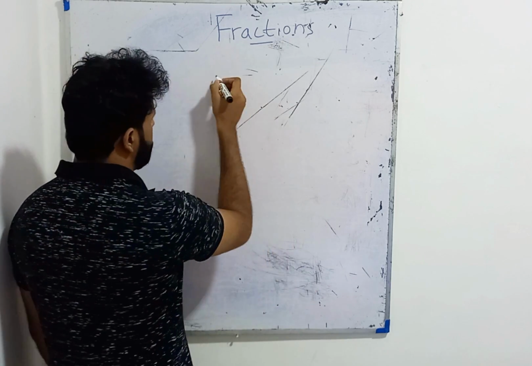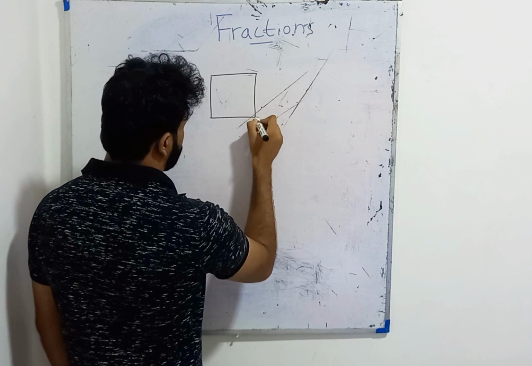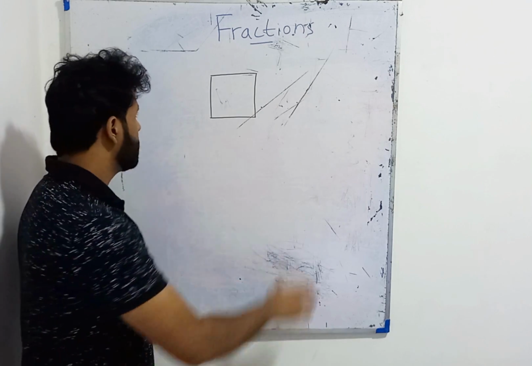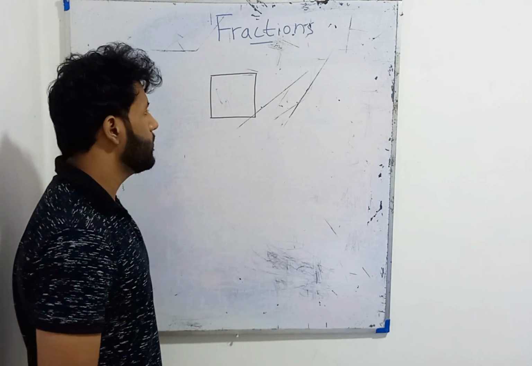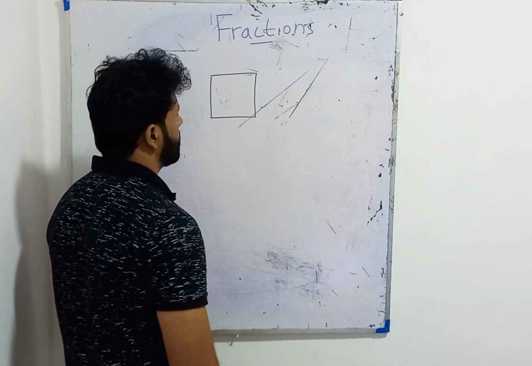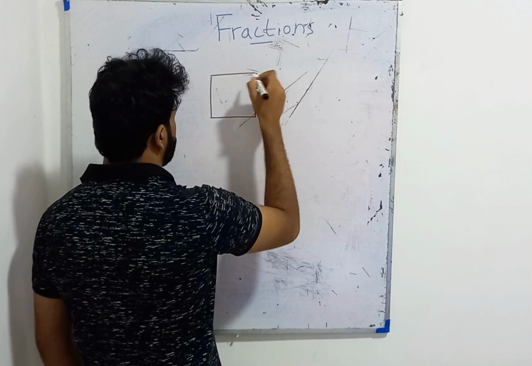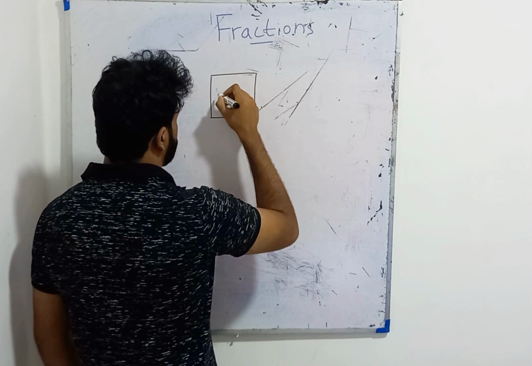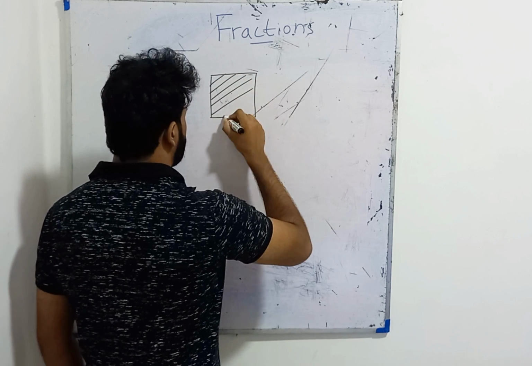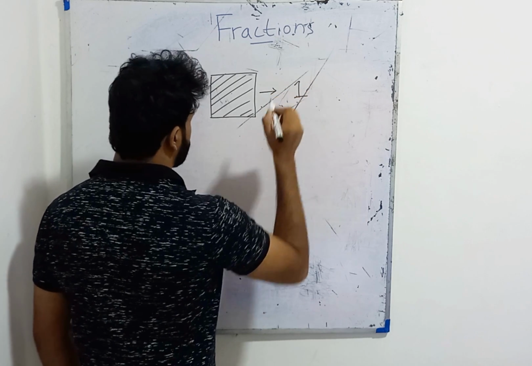We consider a shape like this. This is a square, the complete figure. If I just shade that, it's a complete one, and I assign a number for that: complete one.